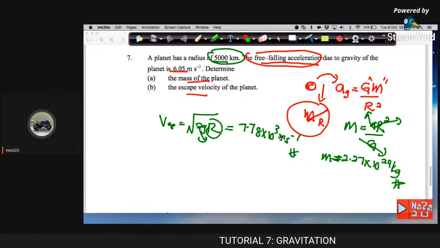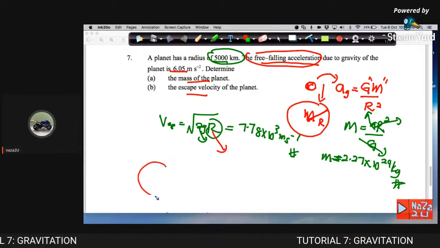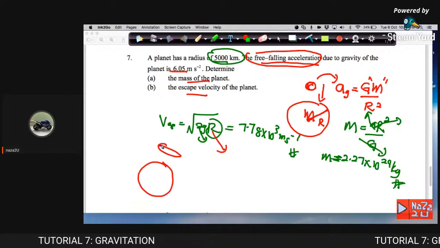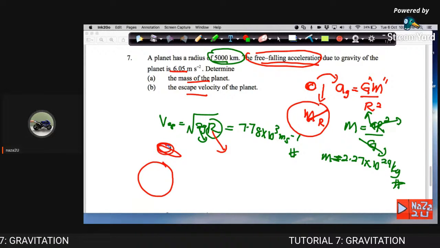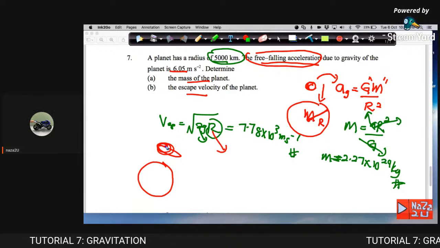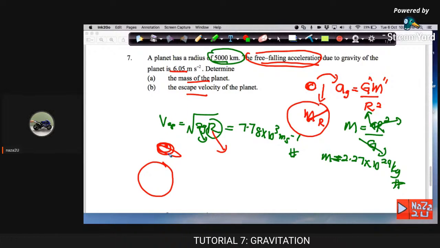Okay. Oh, sorry. Here I think, because the radius here, if we have a planet and we launch upwards, that is escape velocity. So the radius here is the radius of the planet.